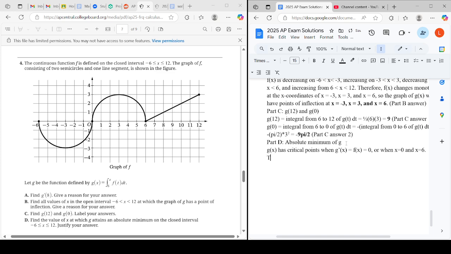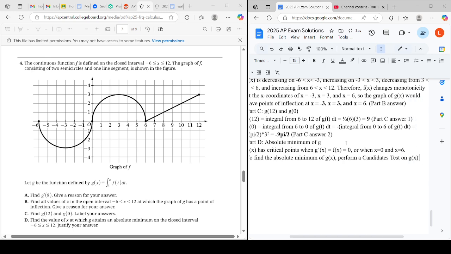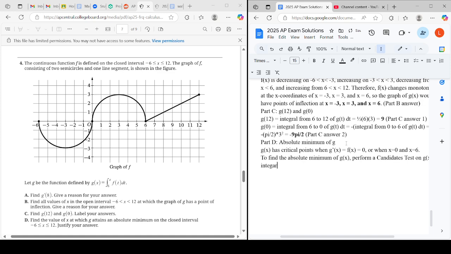To find the absolute minimum of g of x, perform a candidates test on g of x equals the integral from 6 to x of f of t dt. We can get all of these geometrically.